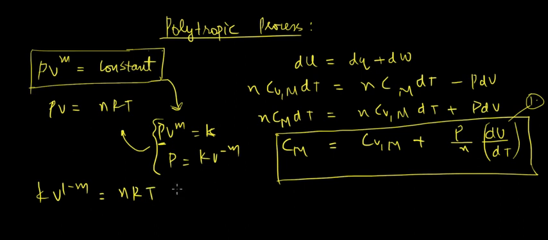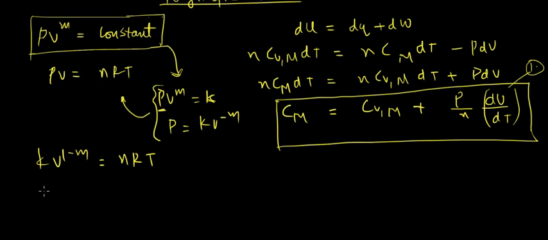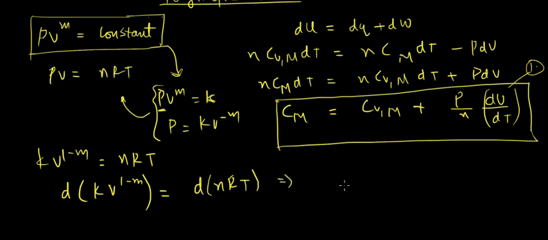Okay, and if we take the differential of this on both LHS and RHS, it would be d of kV to the power 1 minus m equals d of nRT. So from here we can write that it would be k multiplied with 1 minus m V to the power 2 minus m dV equals nR dT.